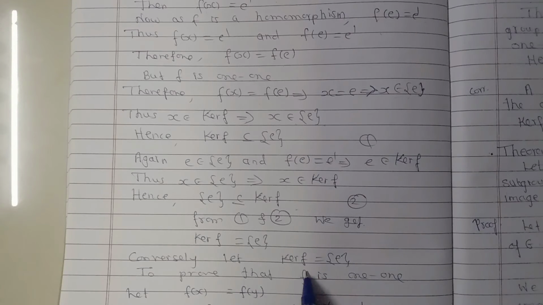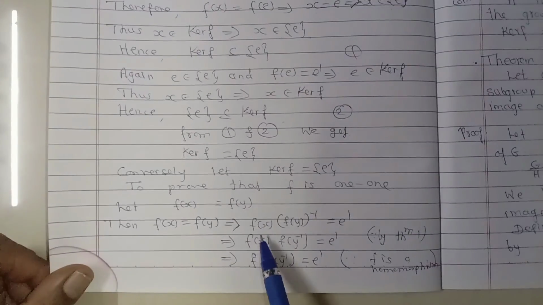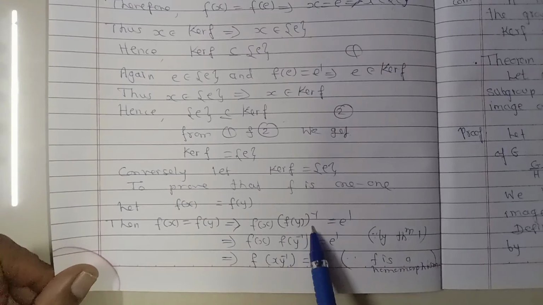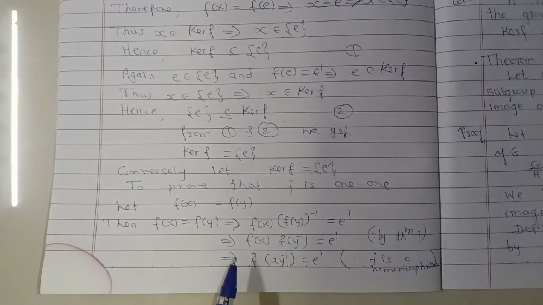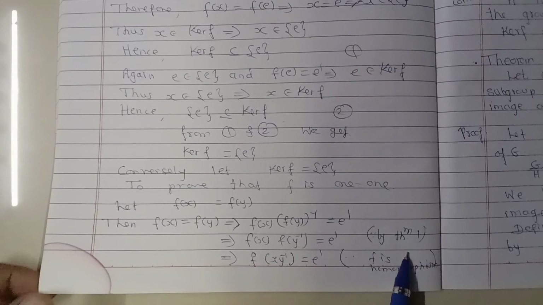Conversely, let the kernel of f equal singleton {e}. We have to prove that f is one-one. To prove this, let f(x) equal f(y). Then f(x) equals f(y) implies f(x) into f(y) inverse equals e dash, and this implies f(x) into f(y) inverse equals e dash by theorem number 1. This implies f(xy inverse) equals e dash, since f is a homomorphism.